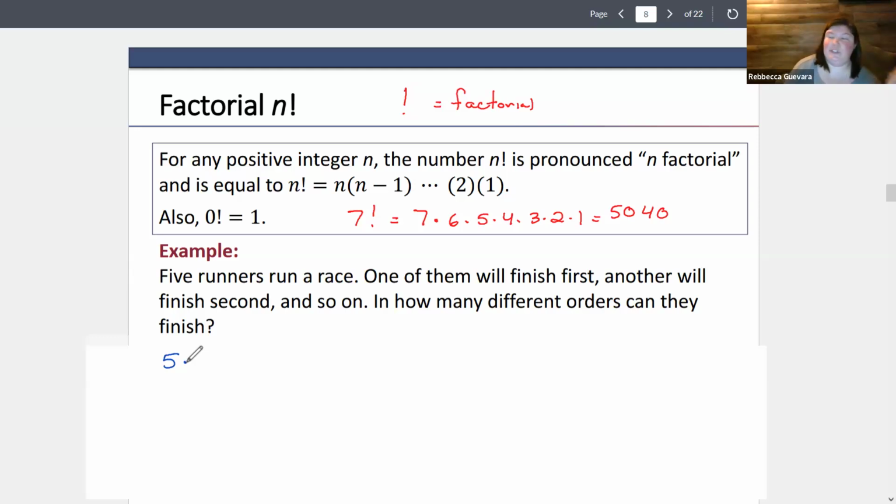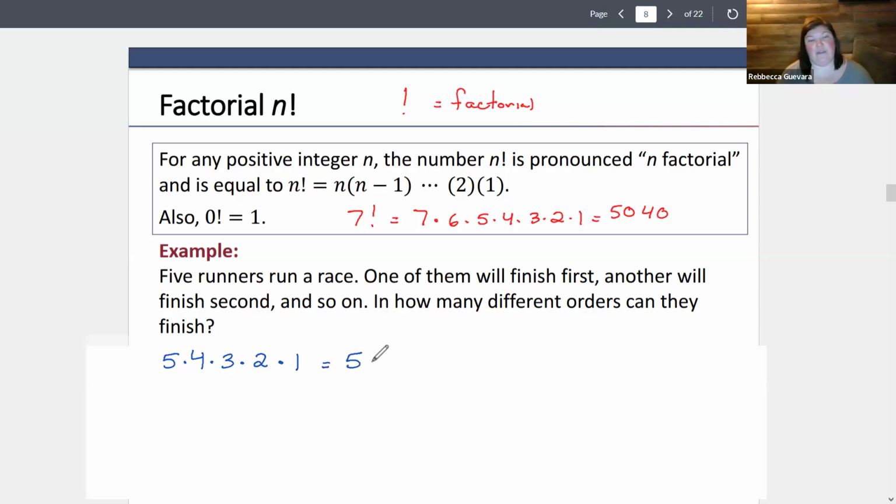whoever finishes first, there are 5 choices for that. After somebody finishes, there are 4 choices for who can finish second. After 2 people finish, there are only 3 choices for third place. Then there are only 2 choices for fourth place. And after that, we only have 1 person left.